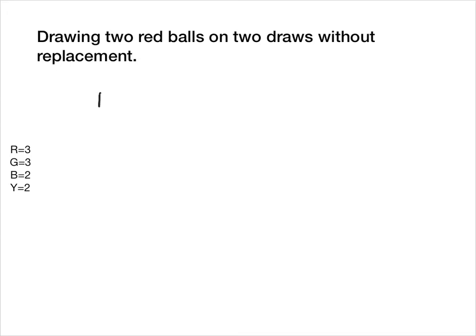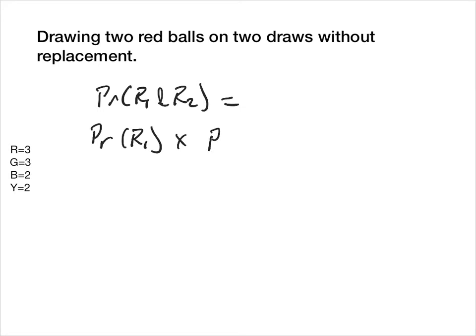So that's the probability of getting a red ball on the first draw and a red ball on the second draw. That is equal to, here's our formula for dependent events, the probability of a red ball on the first one times the probability of a red ball on the second one, given that we got a red ball on the first one.